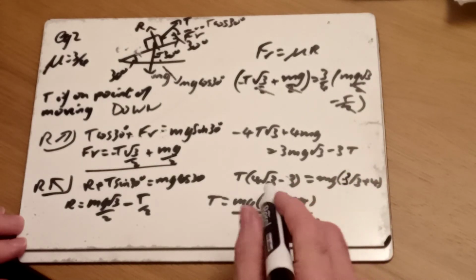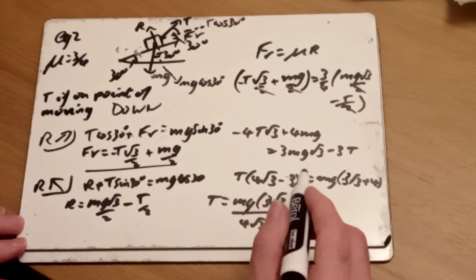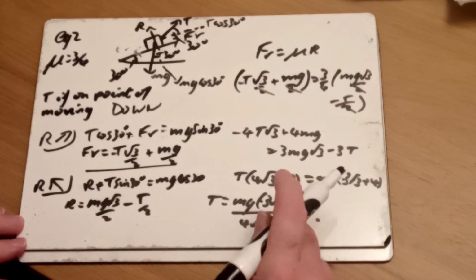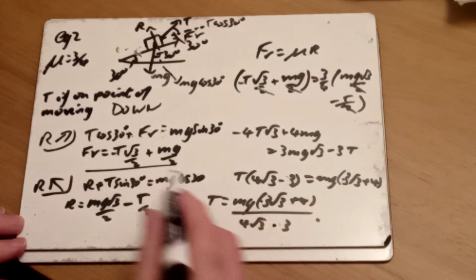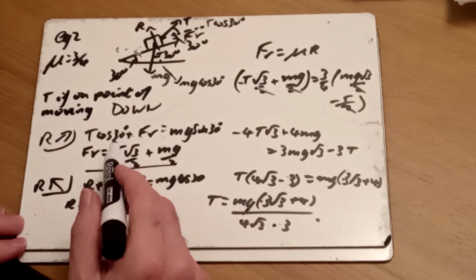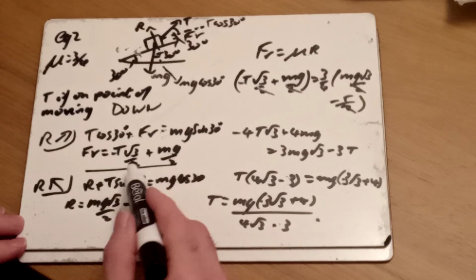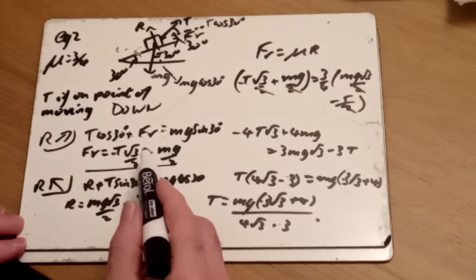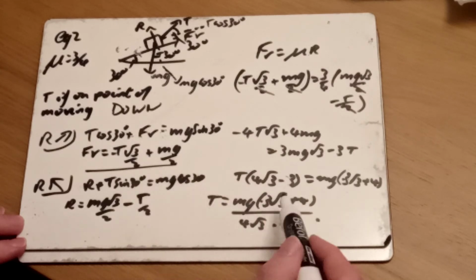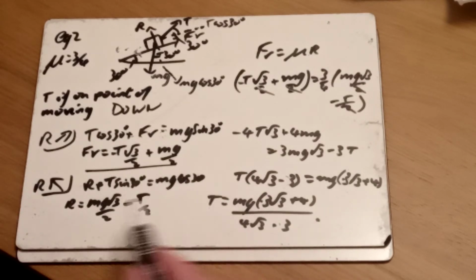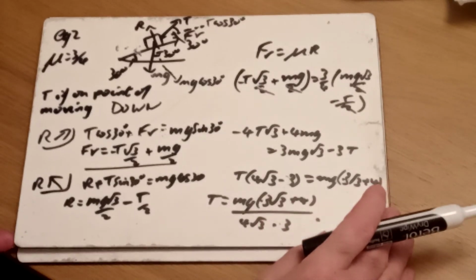So I'm getting minus 3 root 3 plus 4, and then 4mg minus 3. Basically, it's just going to change some of the signs. It would make the signs different at this stage because friction is acting in the opposite direction. It would make the value of T different, and it would therefore make the value of friction different later on because it's acting in the opposite direction.